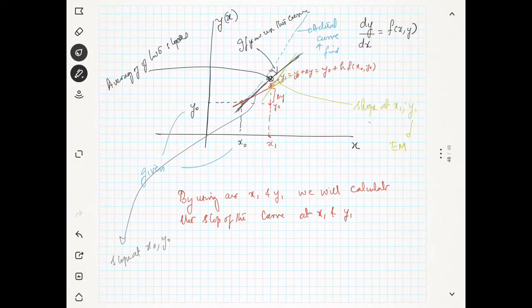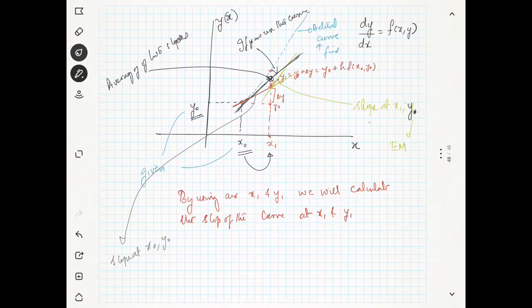So we will use some special notation. Now I told you we will start with x0 and y0, and by using x0 we will calculate x1, and by using x1 we will calculate y1 by using Euler's method. What is this y1?